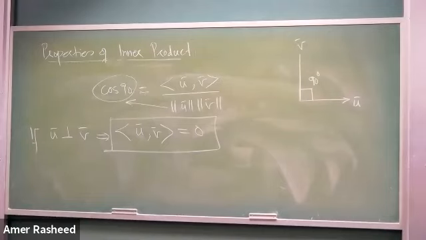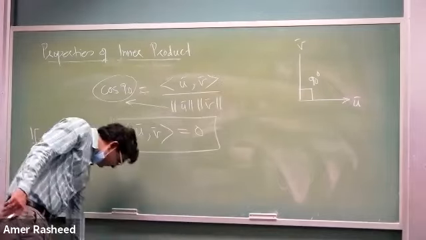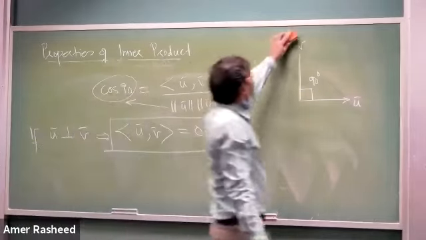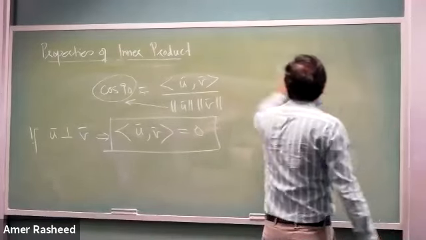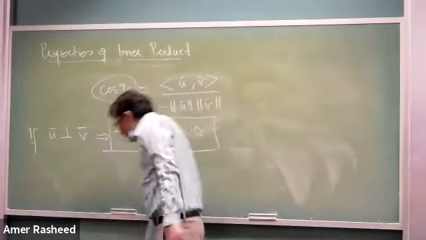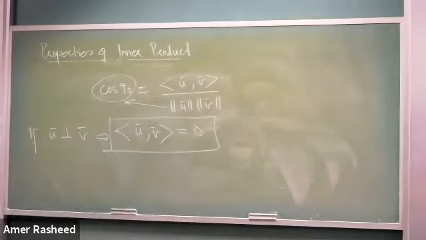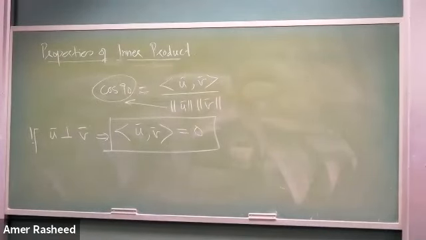A very good example here is linear systems, maybe a linear system with a single equation. If we have two vectors, we can easily prove whether they are orthogonal or not. You just have to find their inner product. If the inner product is 0, we say that they are orthogonal.